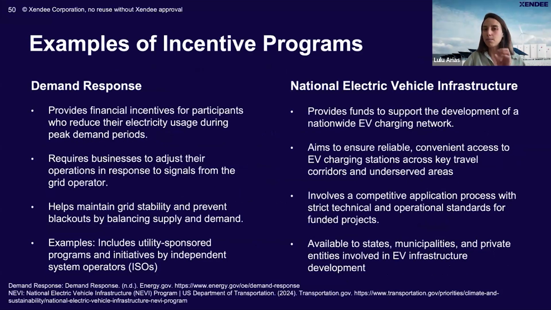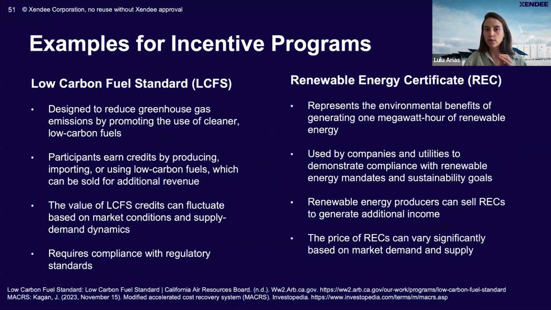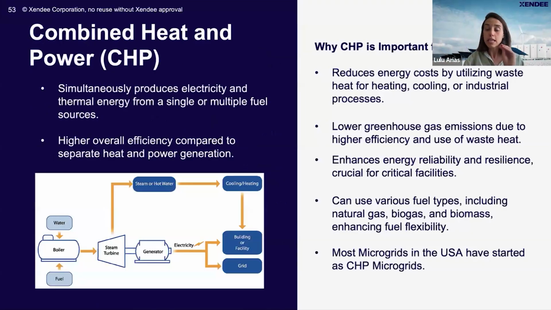Up next, I have some examples of incentive programs, but we'll cover these during our demo, so I'll skip these for now and focus more on CHP so that we can dive right into Xendee. So Michael mentioned some of the advantages of combined heat and power.